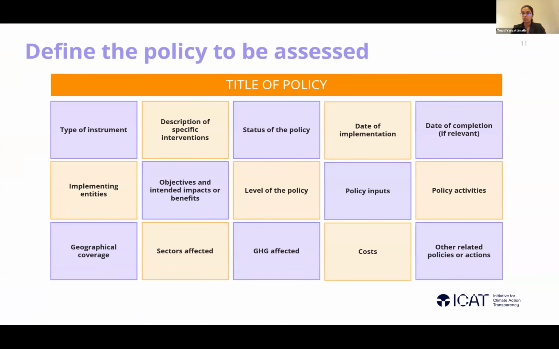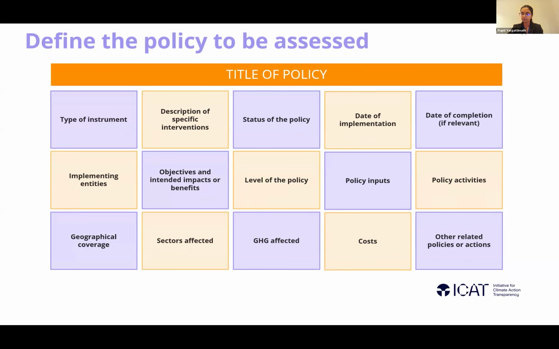This could be auctions or tenders. What are its objectives? Details regarding its implementation, the sectors and GHGs that are being affected, as well as other relevant policy characteristics. So together, this information helps clearly define the policy and provides a solid foundation for the assessment that will follow.